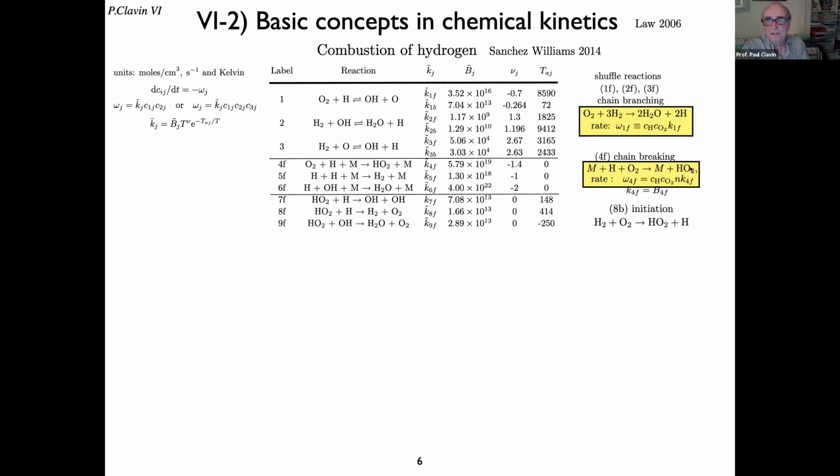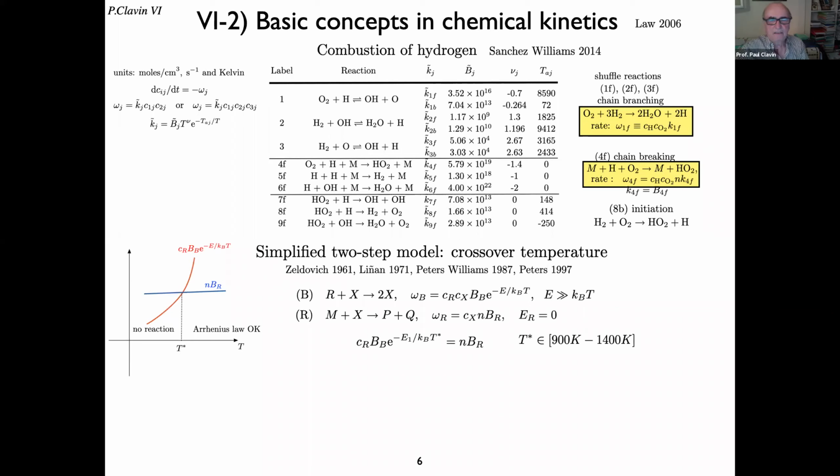So there is a competition between the chain branching reaction and the chain breaking reaction, competing on the rate of production of H. And because the rate constant of the first reaction, the shuffling reaction, has a large activation energy, and the other has almost zero activation energy, when you plot the reaction constants versus the temperature, you have a crossover temperature.